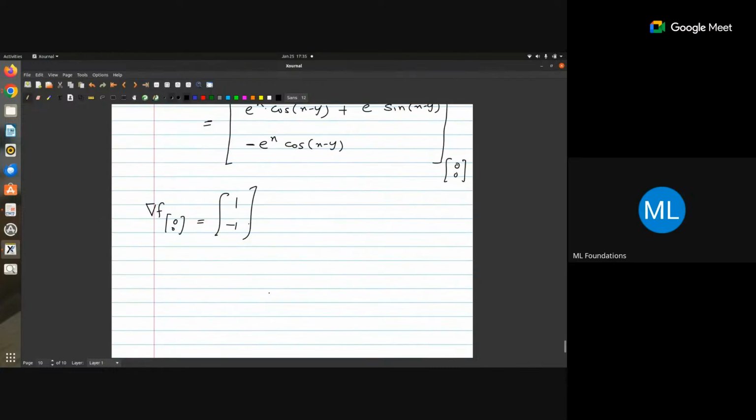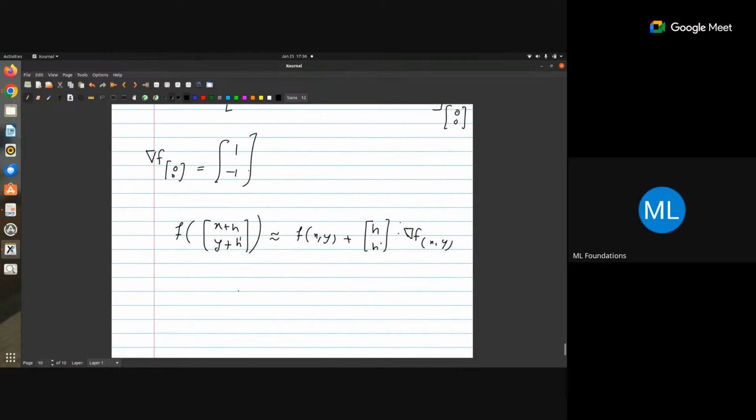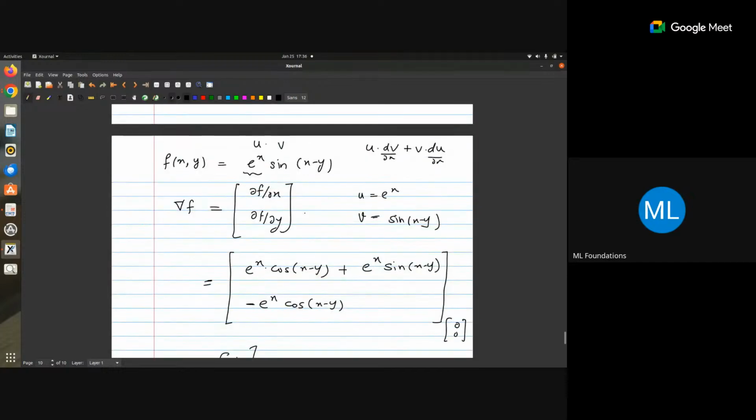Now we'll use the approximation. We have to find the linear approximation. So the linear approximation at x plus h and y plus h prime is equal to f of x y plus h and h prime times del f at x y. So what is f of x y?